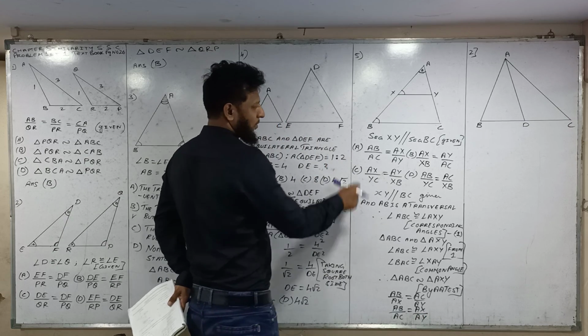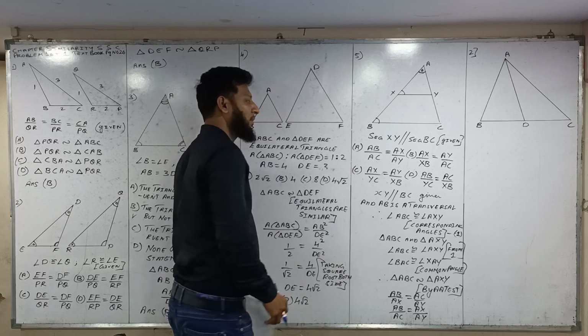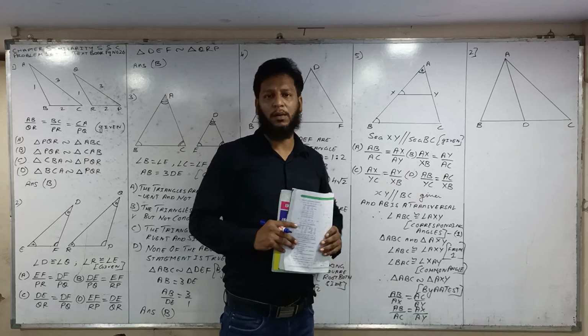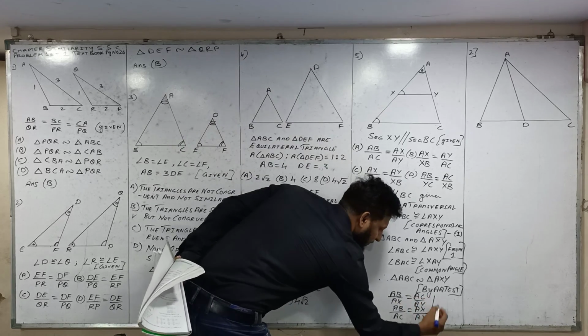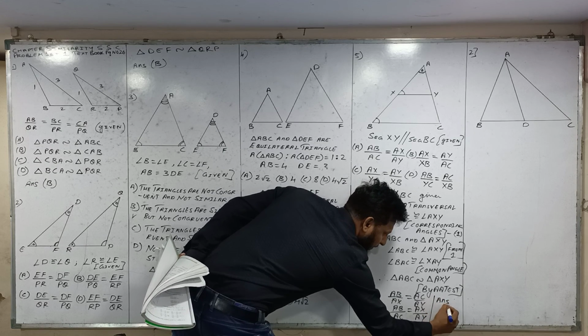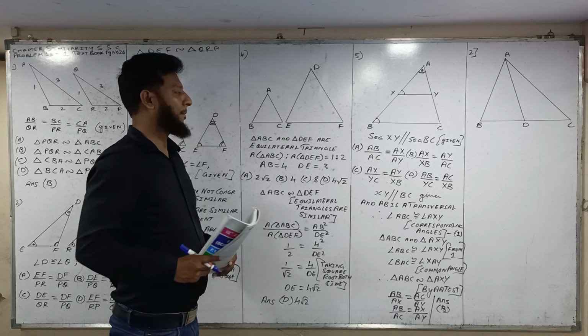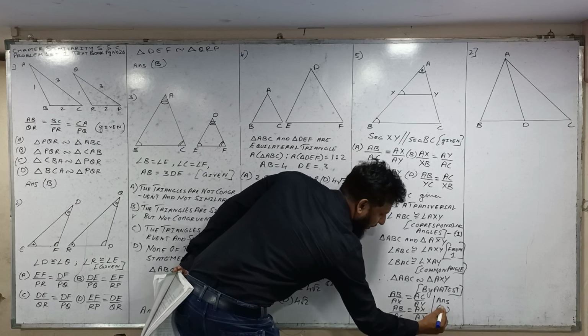Okay, so our option is A. So that means we get this option. So no need to try the other three options B, C, D. So our answer is A.